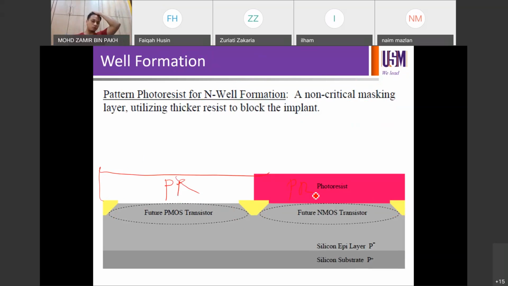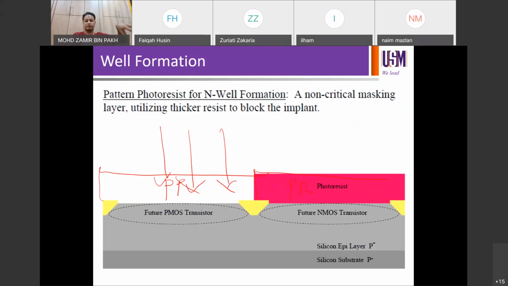Patterning means we remove certain areas and we maintain certain areas. In this case, assuming positive resist, these areas must have been exposed and developed, leaving this area alone, right? So kita nak buat resist, kita expose dekat left hand side, develop left hand side, so right hand side remains.